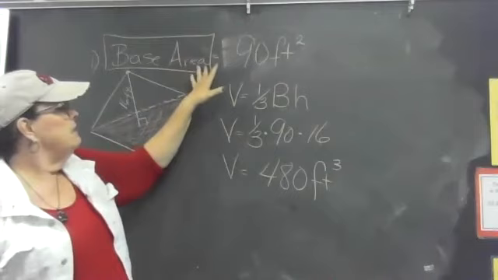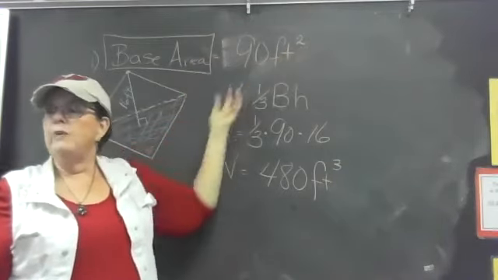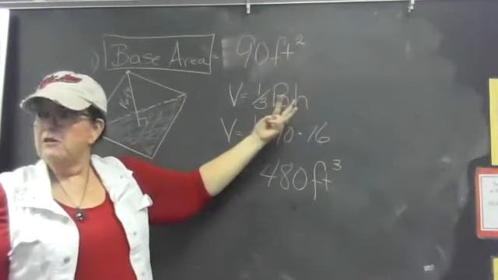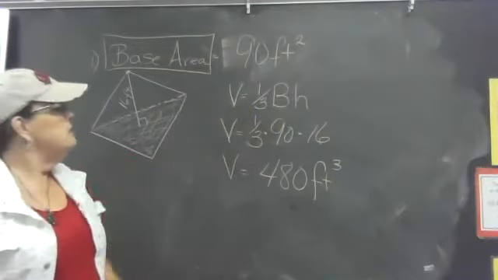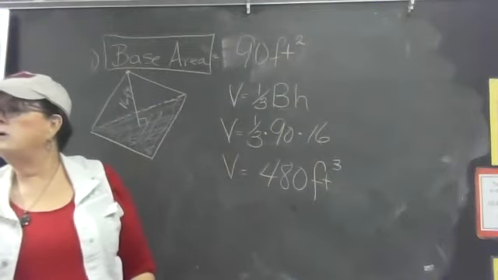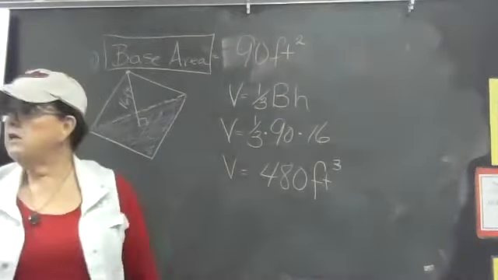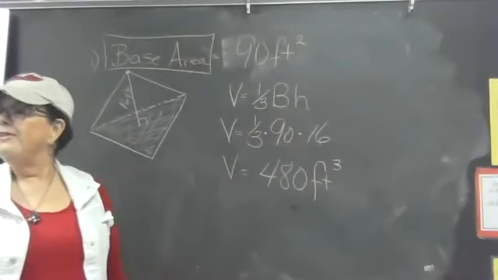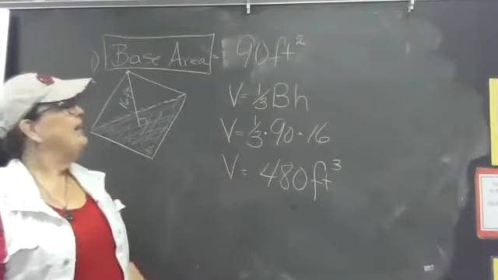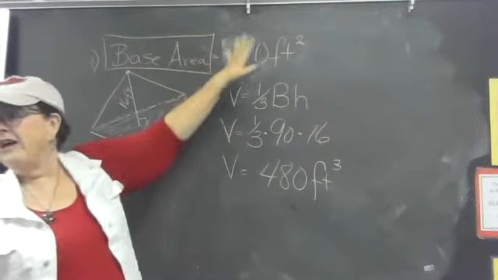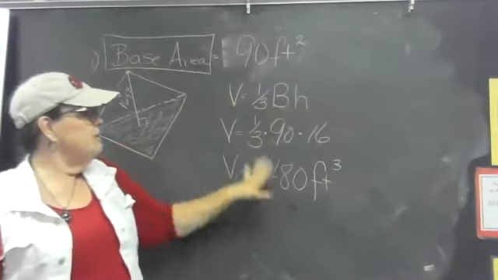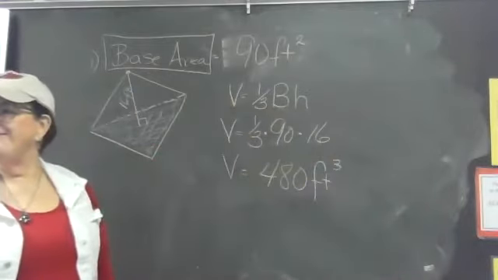If you have the area, which is squared, and you add one more dimension, which is the height, that makes it 3-dimensional. They gave you area, squared, but when you add the third dimension and you're finding volume, then it moves to cubed because you added another dimension.